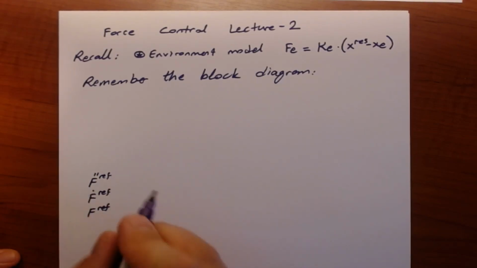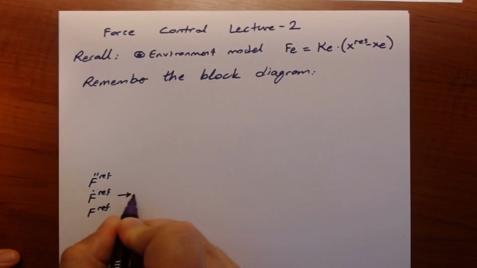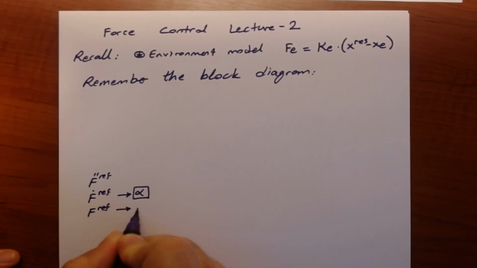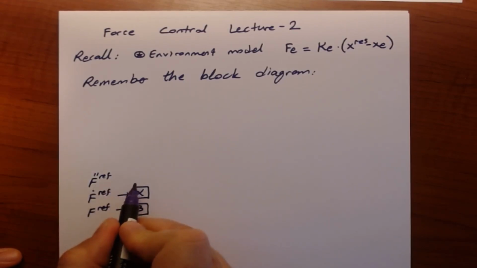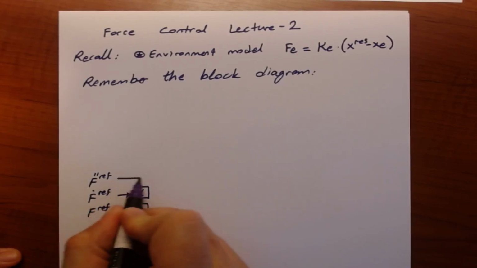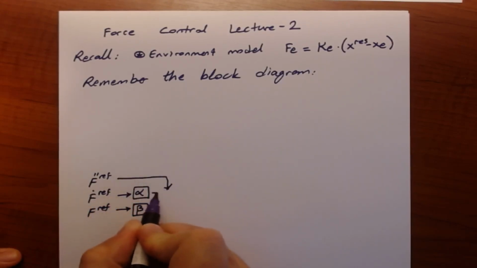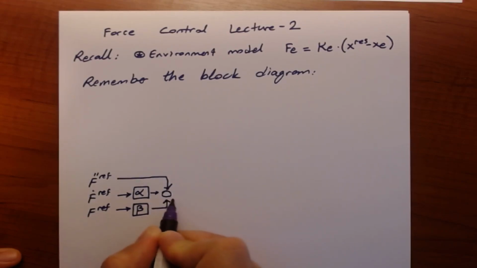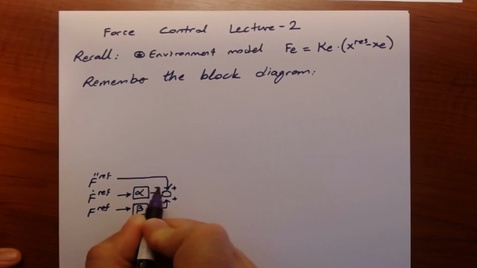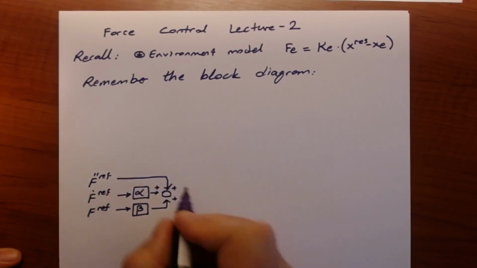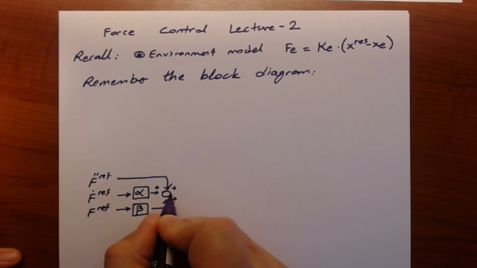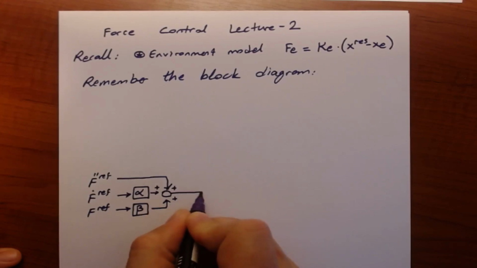Those three items were being scaled by the coefficients alpha here and beta here, where F double dot reference was going as a direct input to our system. All with plus signs, of course. These are our references.